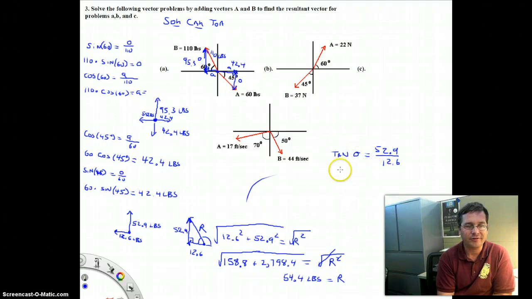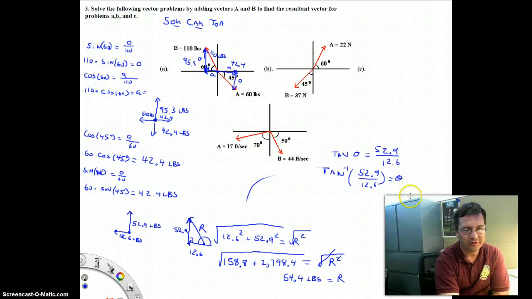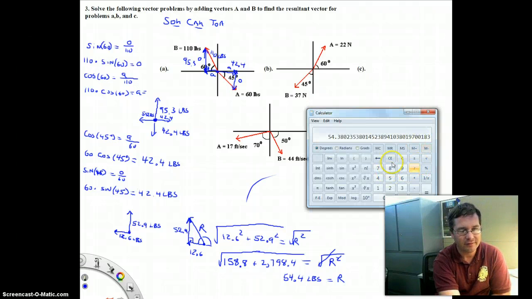And the problem is that the tangent function is designed that you throw a number of degrees in there and it spits out a ratio. So what we're going to have to do is we're going to have to use the inverse function, the arctangent, or tangent to the -1. So arctangent of 52.9 over 12.6 equals angle theta. So the first step in calculating this is going to be to do what's inside the parentheses.